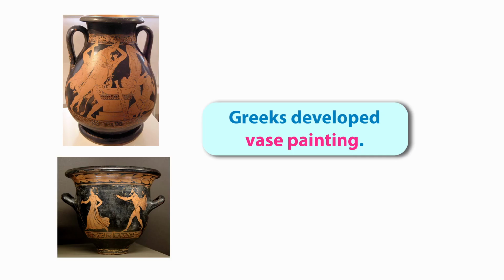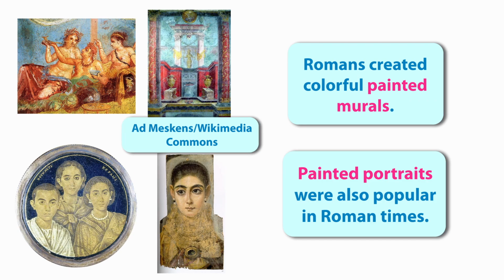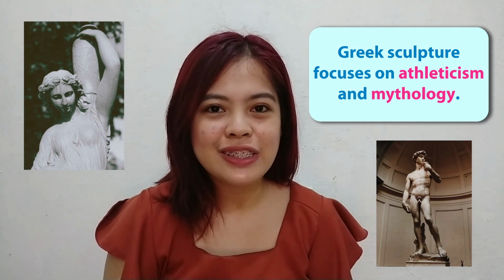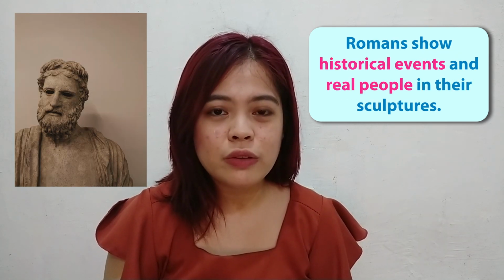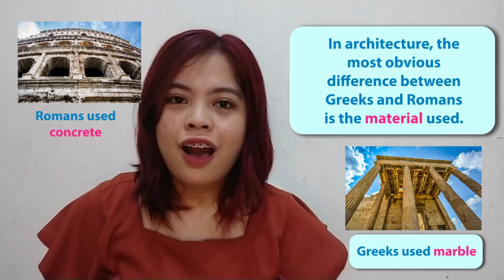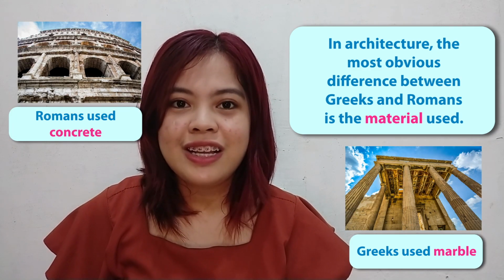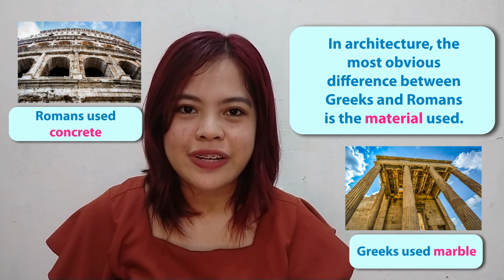When it comes to paintings, the Greeks were most developed in the area of vase painting, while the Romans created colorful painted murals. When it comes to sculptures, Greek sculptures focus on athleticism and mythology, while Romans show historical events and real people. On the architecture side, the Greeks tend to use marble while the Romans use concrete.